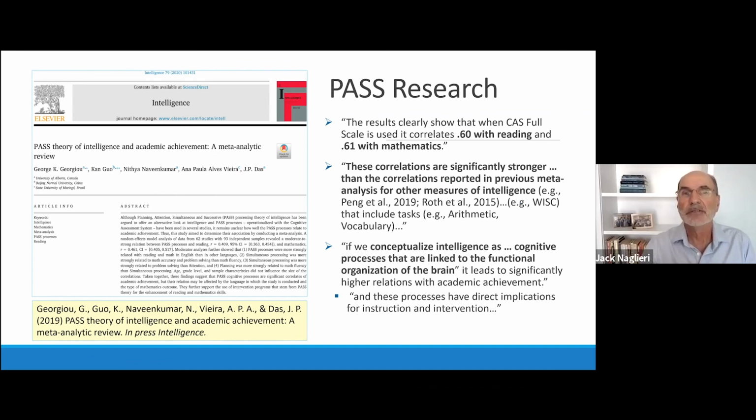Wow. That says a lot. And they concluded if we conceptualize intelligence as cognitive processes that are linked to functional organization of the brain, it leads to significantly higher relations with academic achievement, and the processes have direct implication for instruction and intervention.